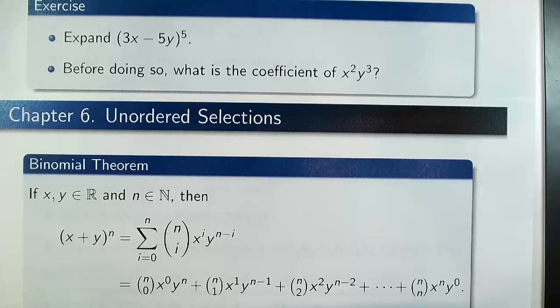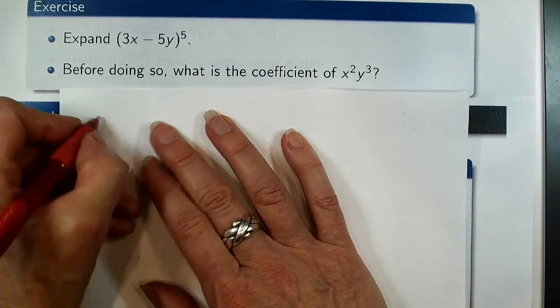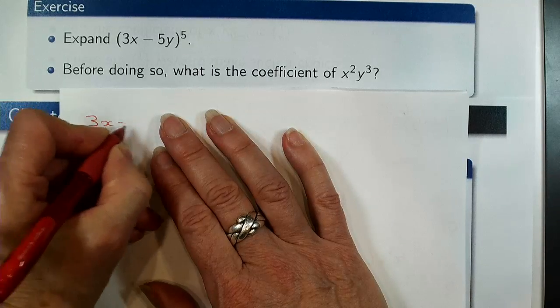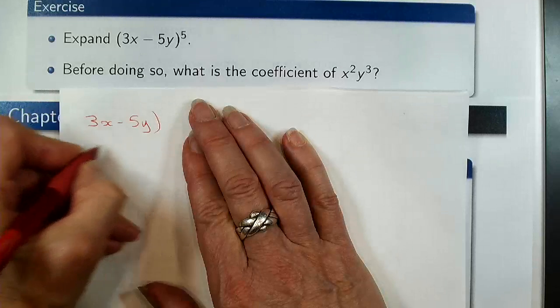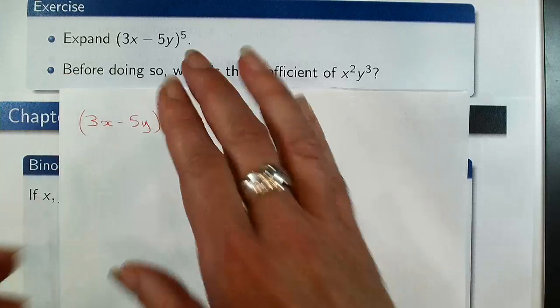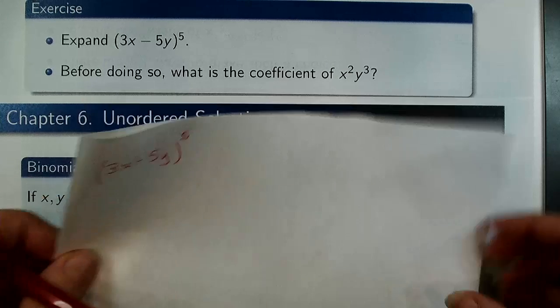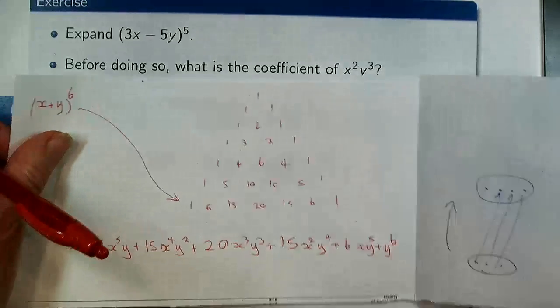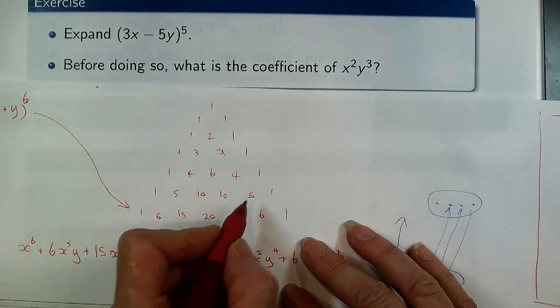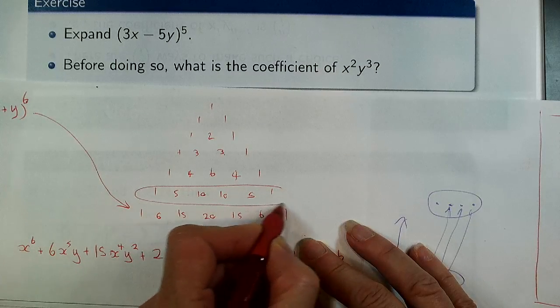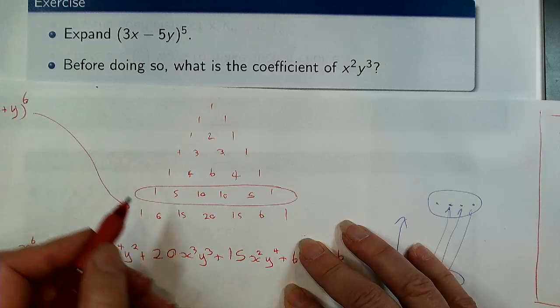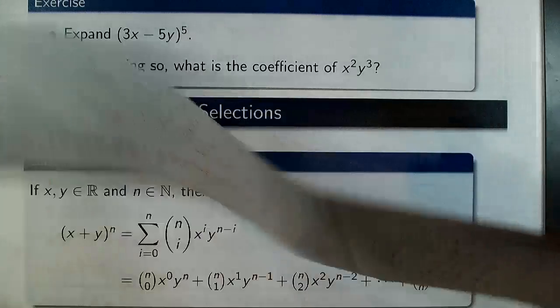Expand (3x minus 5y) to the 5th. You can do that the long way, but using the binomial theorem and Pascal's triangle is really fast. We happen to have Pascal's triangle on the back. These are the numbers we're going to use because it's the 5th power: 1, 5, 10, 10, 5, 1.